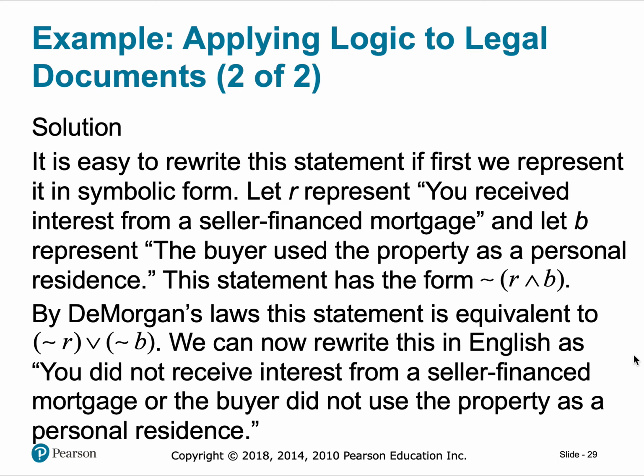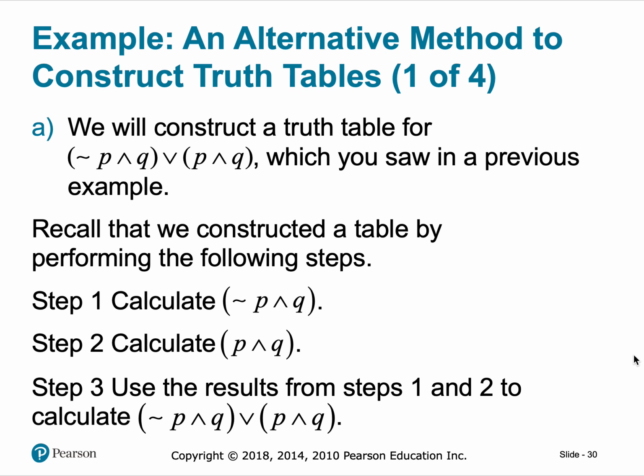The statement has the form not (R and B). By De Morgan's laws from the previous page, this statement is equivalent to not R or not B, which we can now rewrite in English as you did not receive interest from a seller finance mortgage, or the buyer did not use the property as a personal residence.